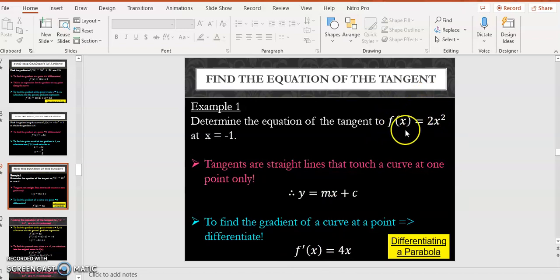So if you check this one, we have taken the first derivative of this f of x. How do you take the first derivative? 2 times this 2 will give you 4. Then 2 minus 1 will give you 1. So this is 4x to the power 1. The 1 is invisible.